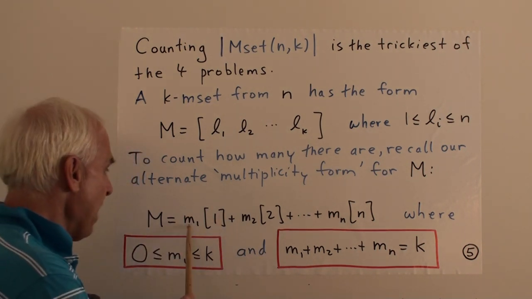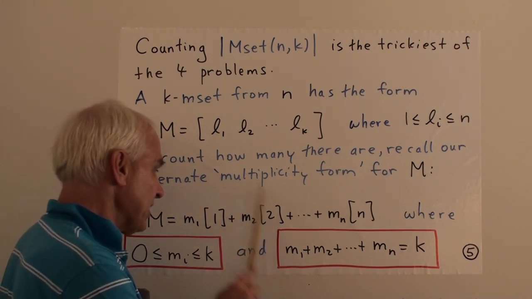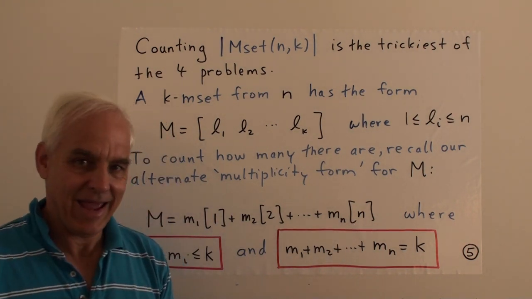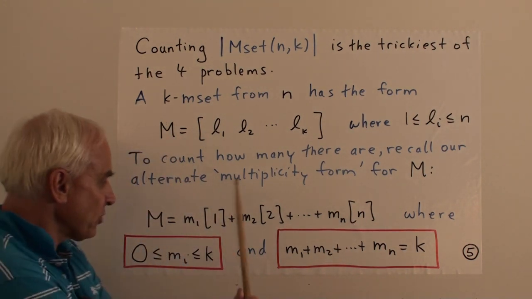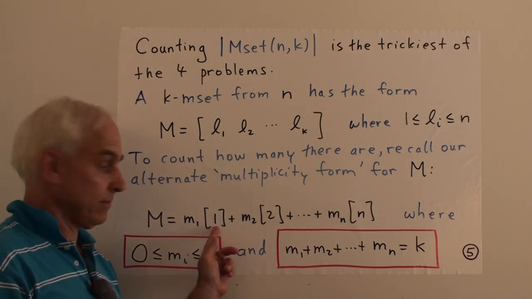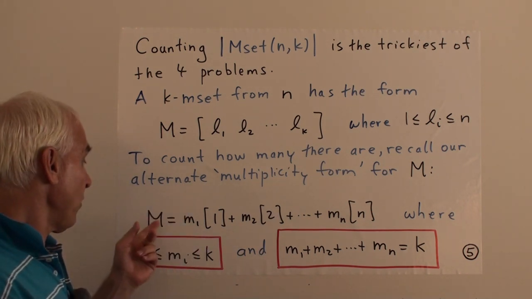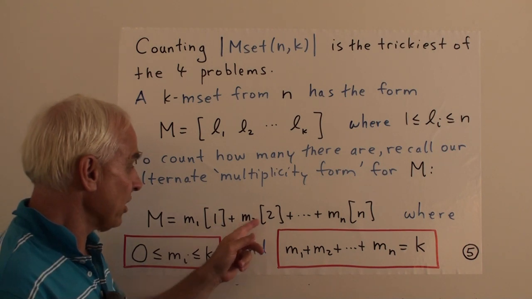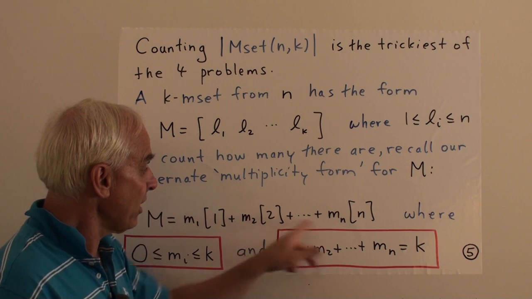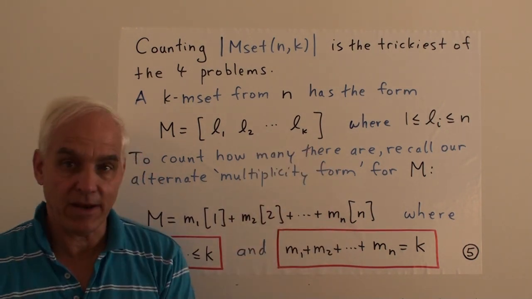So we can write it as m1 times the multiset 1 plus m2 times the multiset 2 all the way up to mn times the multiset n. What we're doing here is we're simply counting in this multiset the number of ones, and that's m1. So m1 is just the multiplicity of 1. m2 is the multiplicity of 2 in here. We count how many 2's there are. We count how many 3's there are, and so on, up till the number n. We count how many n's there are, and that's m sub n.